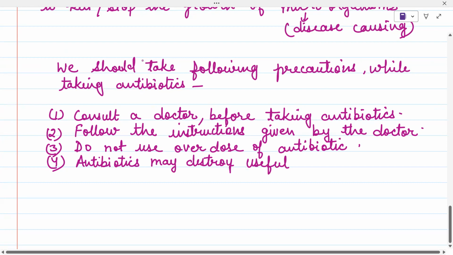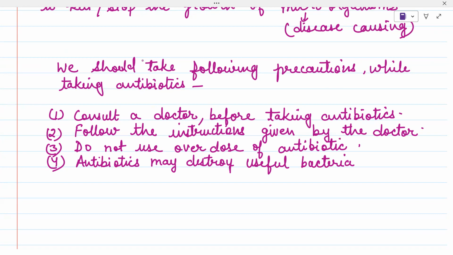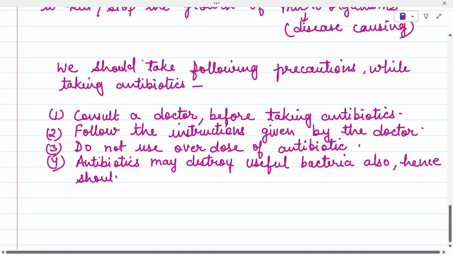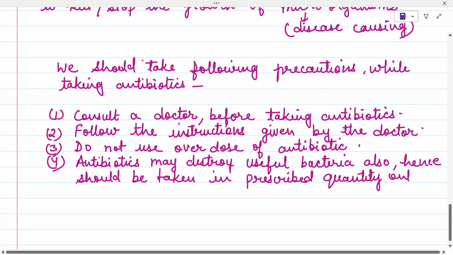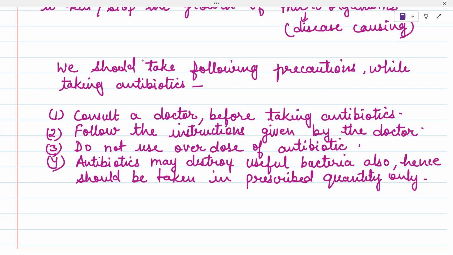Hence, they should be taken in prescribed quantity only, right? So we need to be very, very careful when we are taking antibiotics, right?